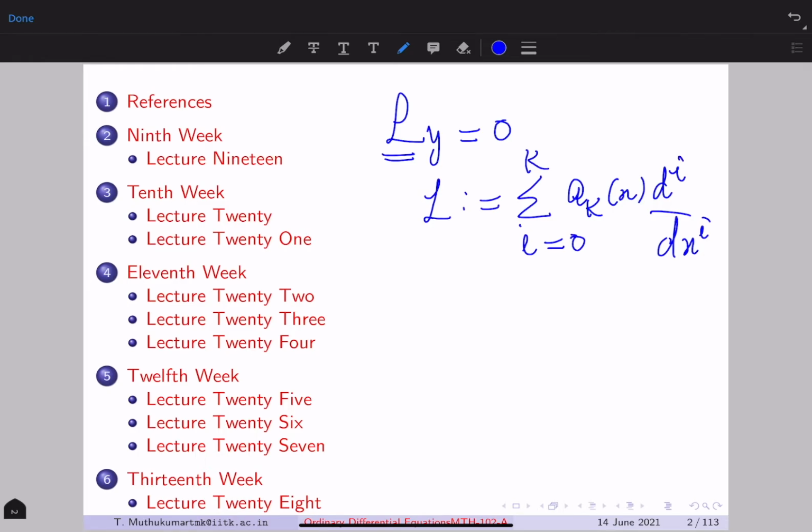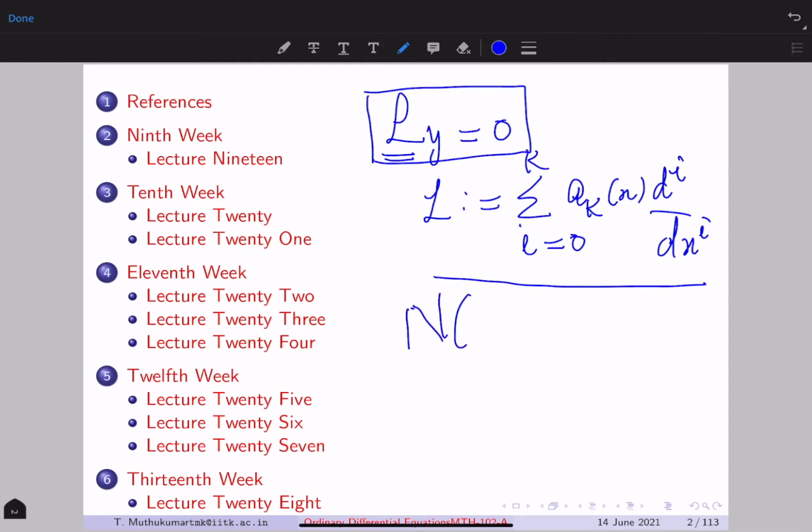So we have seen that for any kth order linear ODE of this form, its solution space, which is the null space of this operator L, is k dimensional.